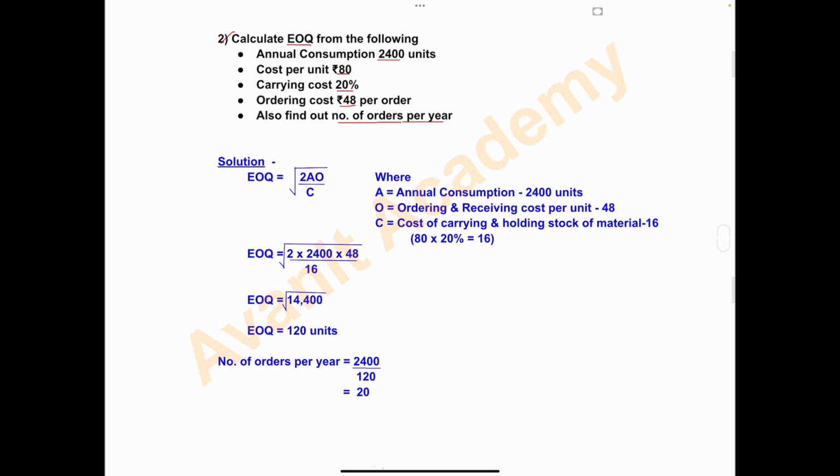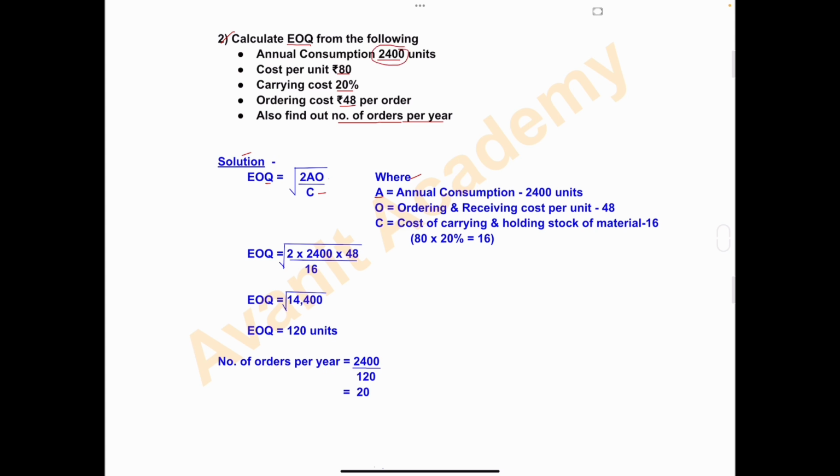Let's start the solution. EOQ is equal to root 2AO divided by C. First, we'll write the values of this formula where A stands for annual consumption. So in this problem, annual consumption is 2,400 units.